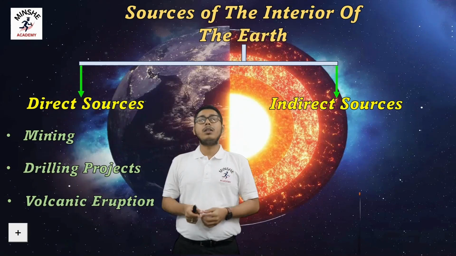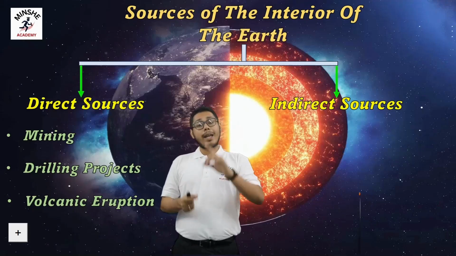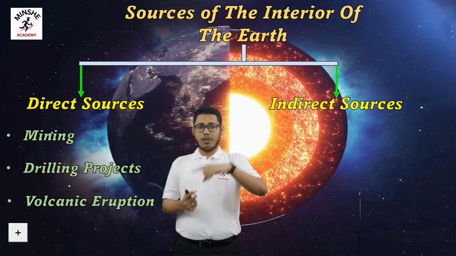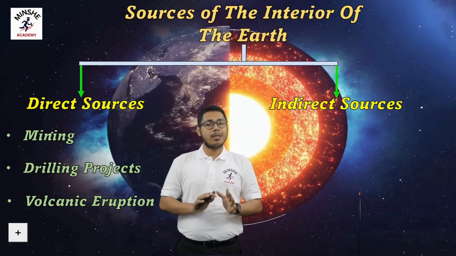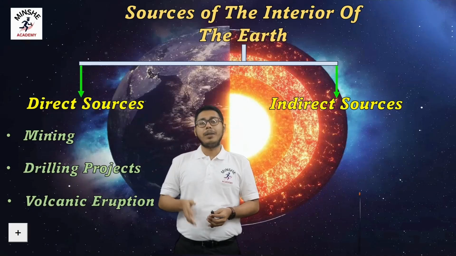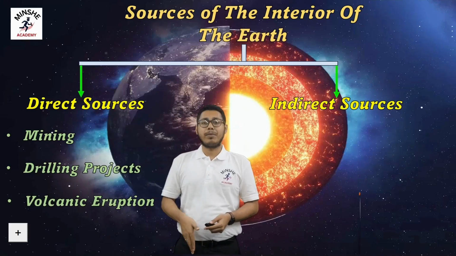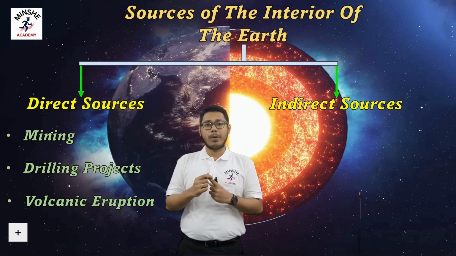Why? The interior of the Earth, as you can see from the image, is very hot. And if you compare the radius of the Earth, it's approximately 6350 kilometers, right? If the radius is that deep, it is very difficult to reach that extent. Number one, because of the huge temperature.